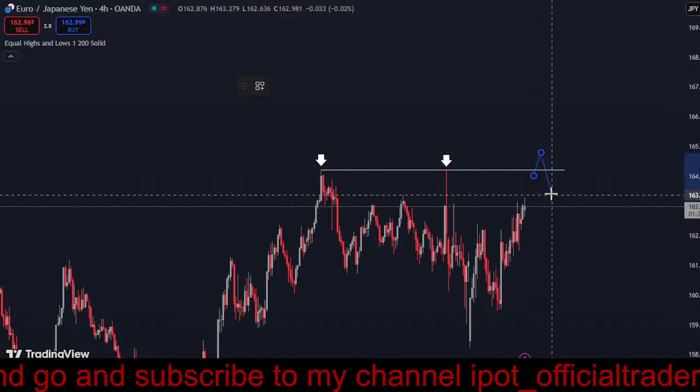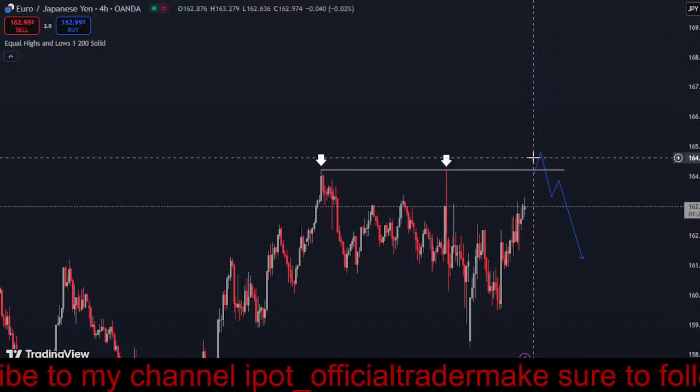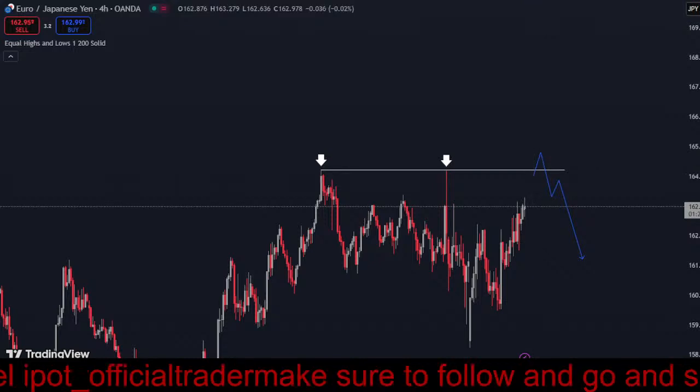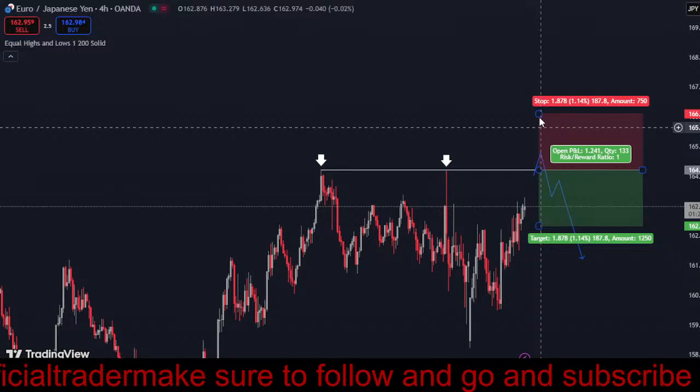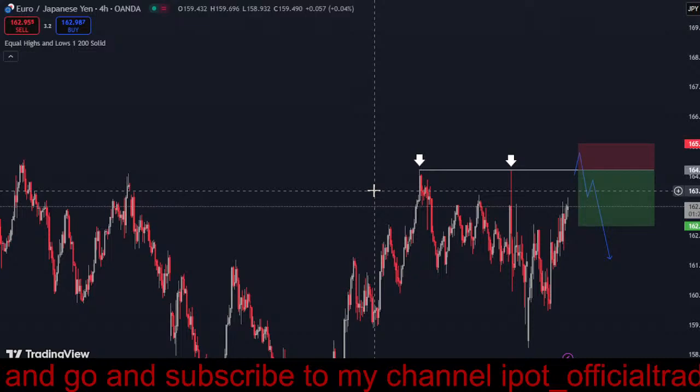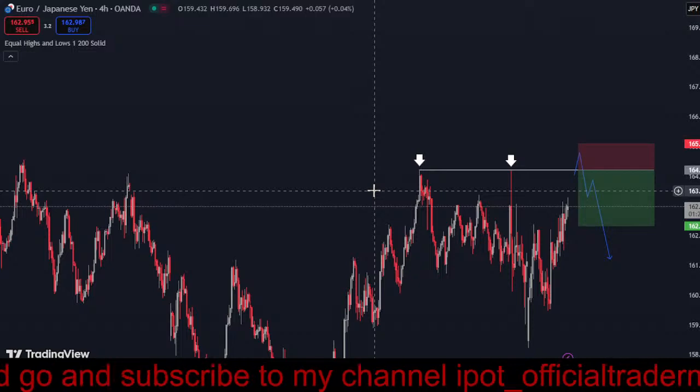Once price breaks above those areas, then you could be looking for rejections, not exactly there, but once price confirms that it's selling. It could be after it actually breaks above those areas, and then we can start looking at those rejection areas, or it could just continue buying if possible. That's what I'm saying.